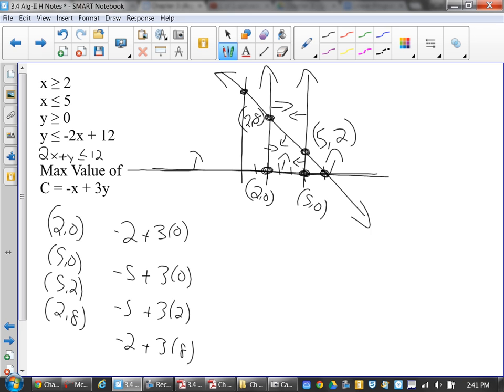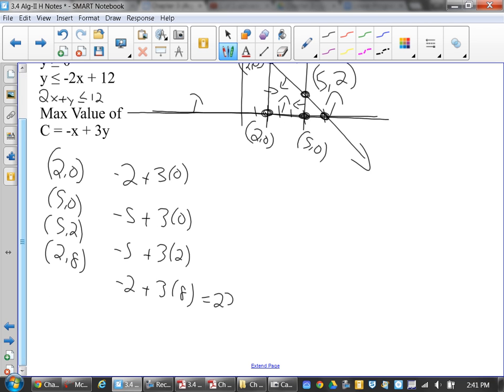Plus negative 2 is? So your maximum value is going to be here. Here's your max. Where's your min? First one. Negative 5. Which one's smaller, negative 5 or negative 2? Negative signs in here.